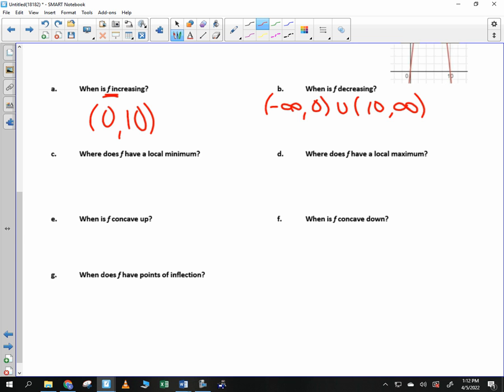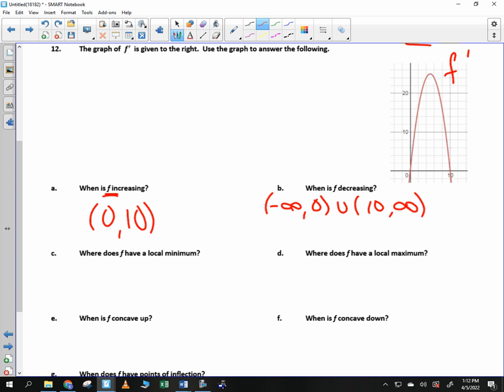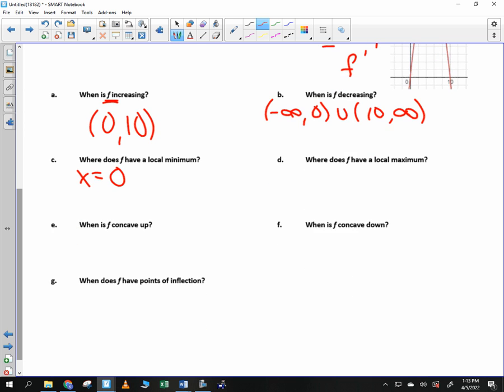All right. When does f have a local minimum? Why? Because you're looking for a local min where f prime changes from negative to positive. So when f has a local maximum is when f prime changes from, yep, where does f prime change from positive to negative?